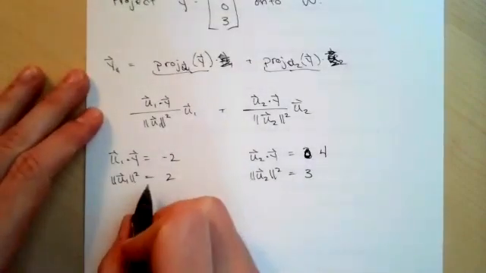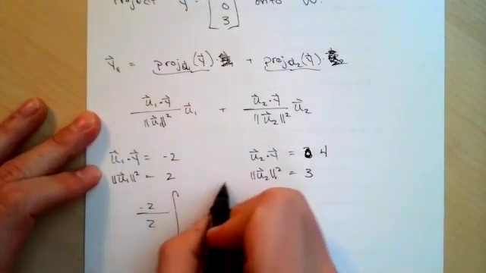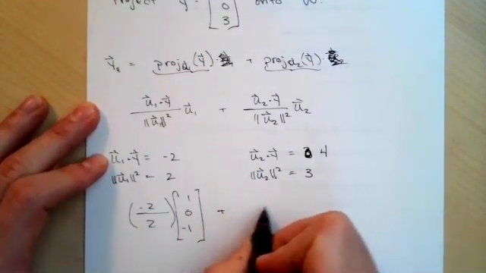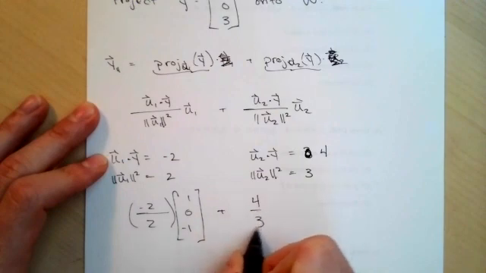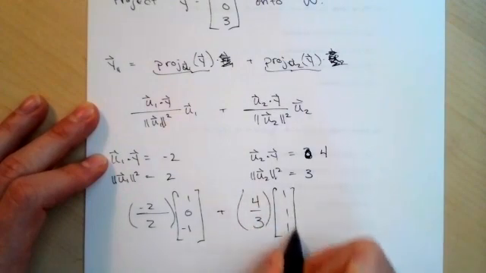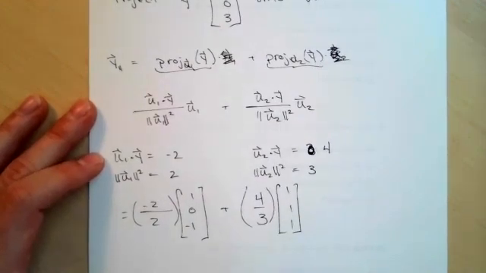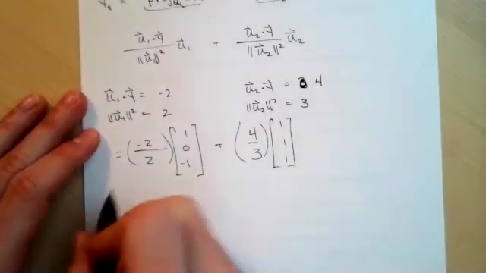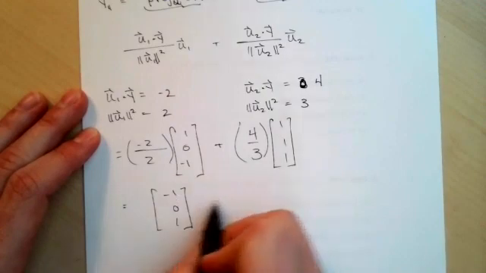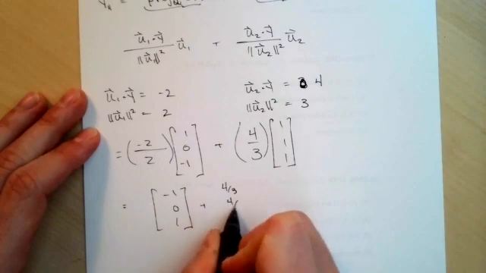So fill that in. We will have minus 2 over 2 in the direction of U1 plus 4/3 in the direction of U2. So we will get minus (1, 0, 1) plus (4/3, 4/3, 4/3).